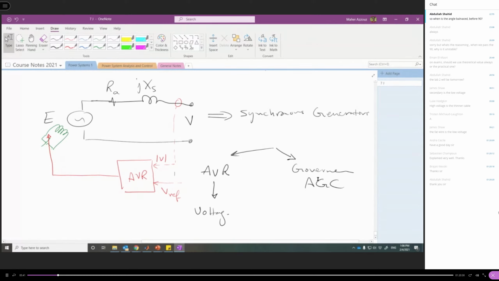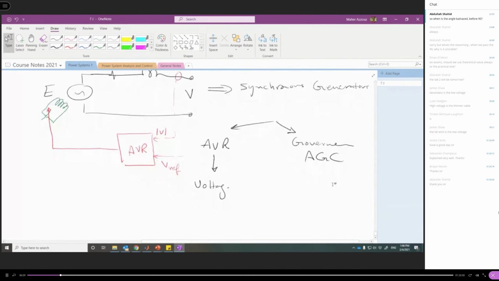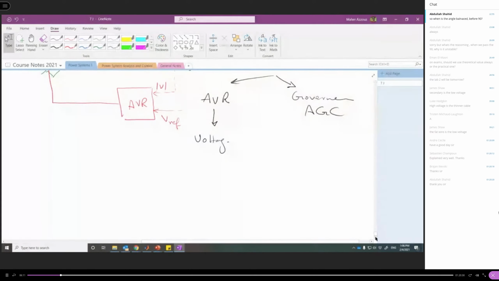The AGC, on the other hand, controls the input mechanical power to the machine. So, for instance, if this machine operates in a power plant, and this power plant is commanded to generate 50% of its power capacity, then we should do that using the governor. So the governor here deals with the mechanical system.